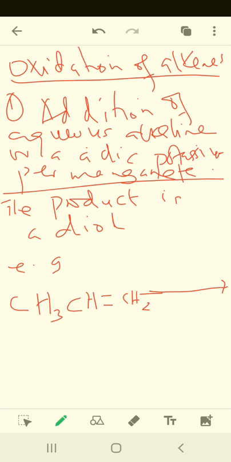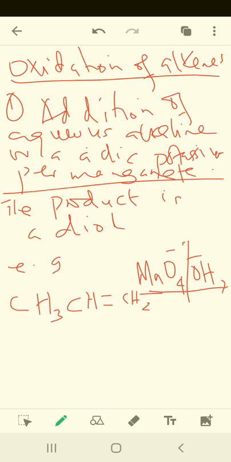Potassium permanganate, I can represent it with manganate ions. Valence of manganate ions is 1, so that is a manganate ion. Then here let me use alkaline. The OH means alkaline group, like from sodium hydroxide. And when that happens, I form a diol.